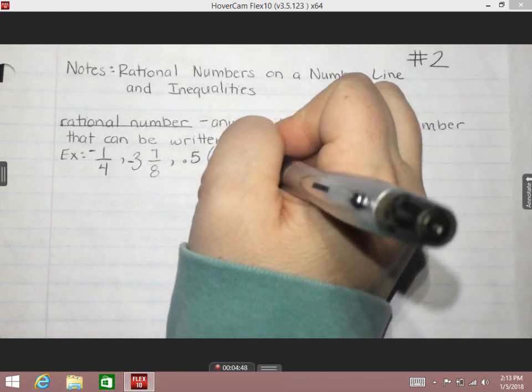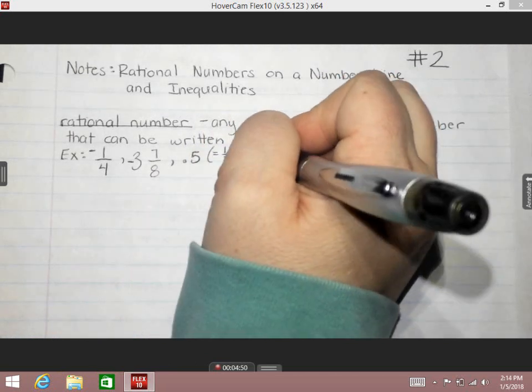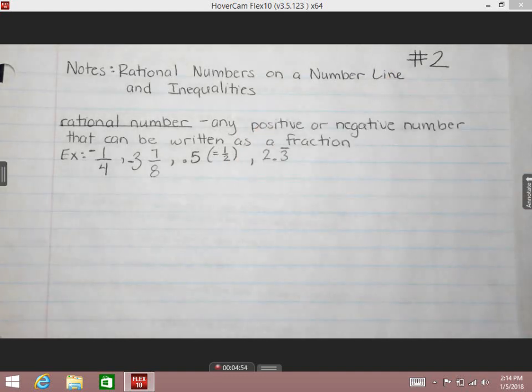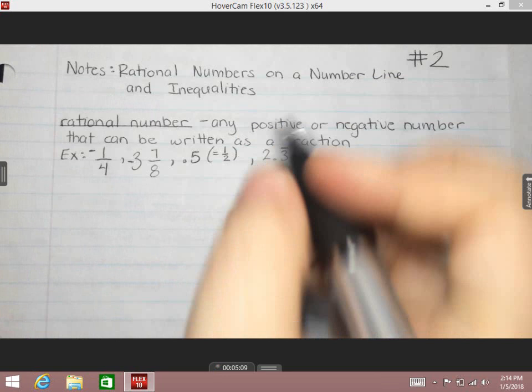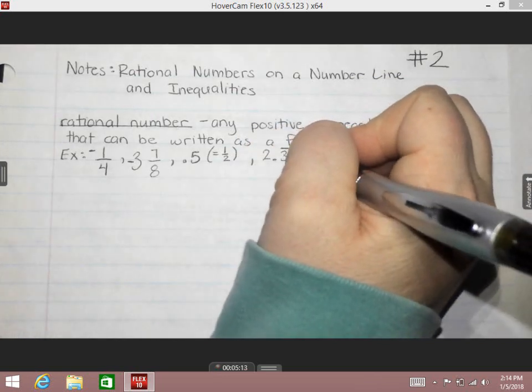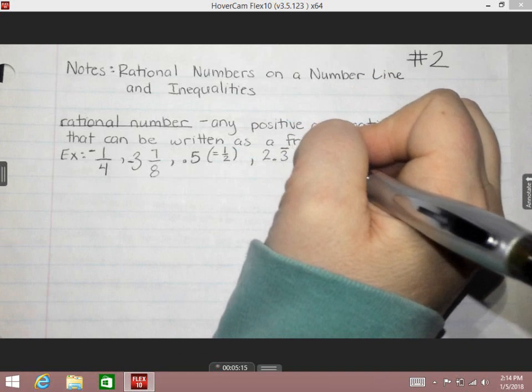What about, I'm going to give you a little bit harder one. 2.3 with a repeating bar. Sadie? I think I'm going to say no, because it's going to go on and on with the repeating.